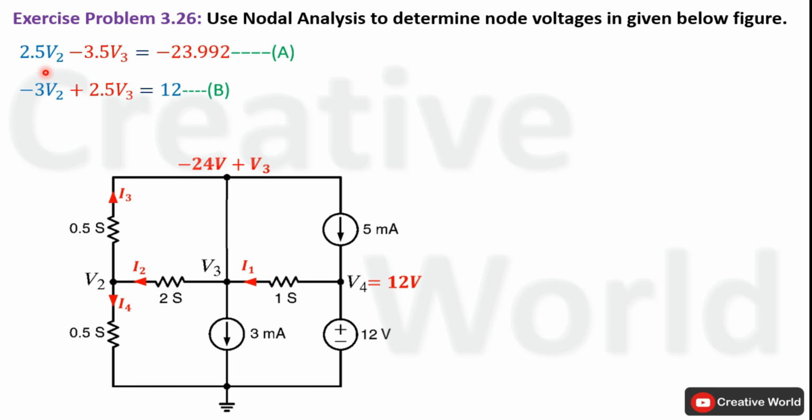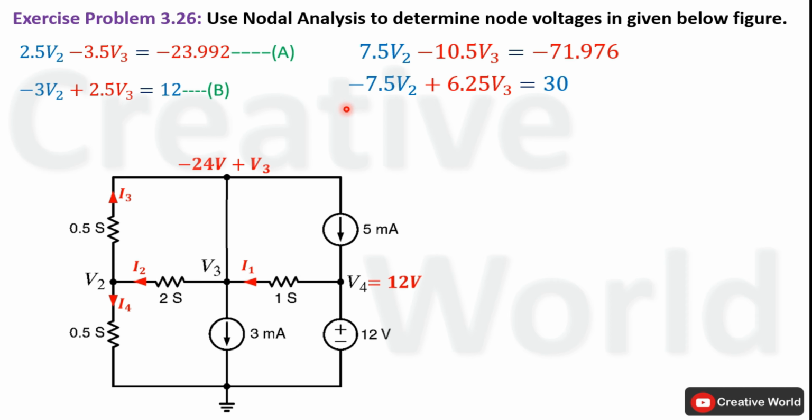So we will multiply equation A with 3. The equation will become 7.5 V2 minus 10.5 V3 equal to minus 71.976, and we will multiply equation B with 2.5. The equation will become minus 7.5 V2 plus 6.25 V3 equal to 30. Now add these two resulting equations together.